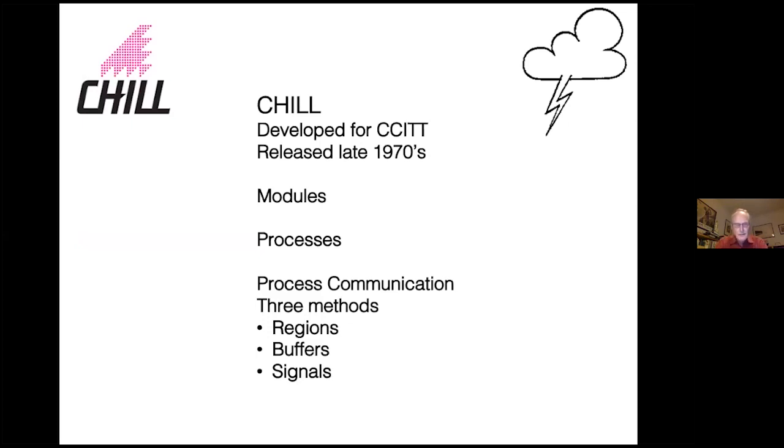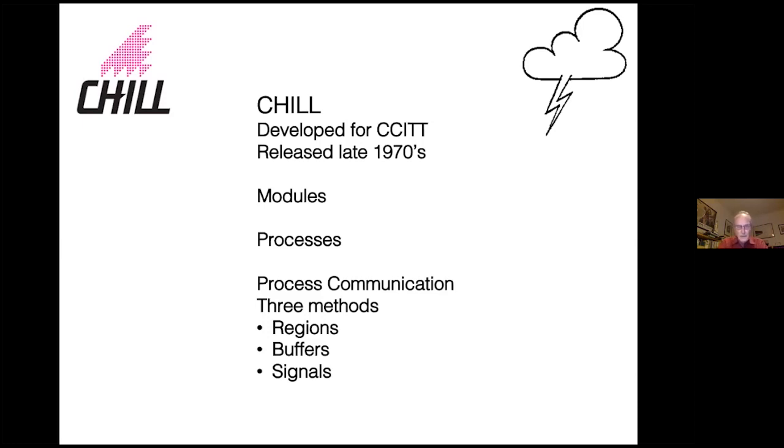And this language, I don't think any of you have heard of, but this was a great effort by the CCITT in Geneva, which coordinates standardization in telecom systems. They decided, yes, we have to create a programming language that everybody can use, and we can exchange software.